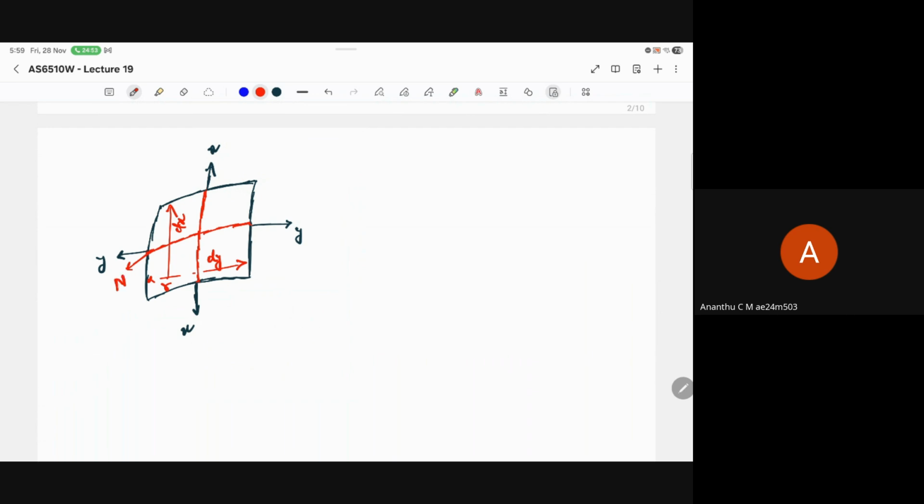So if we have constant tension force N at this point, this is going to change over the length dy.